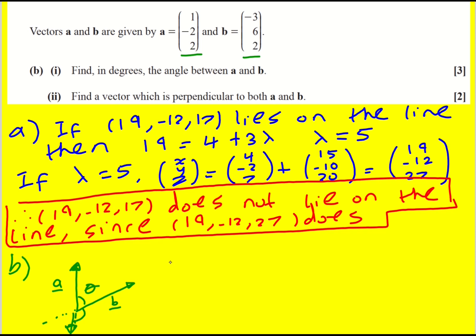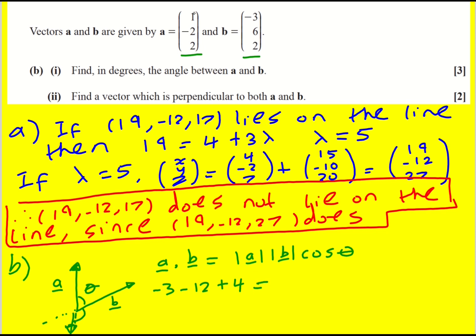The key thing is we can use the dot or scalar product. A dotted with B can be shown to equal the magnitude of A times the magnitude of B times cos of the angle in between them. So A dotted with B, I just times the x components, gives me minus 3, then the y components, minus 12, z components, plus 4.